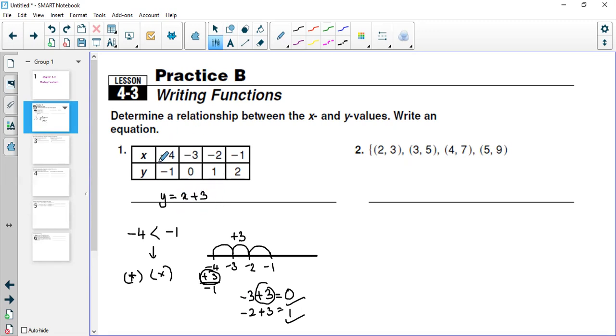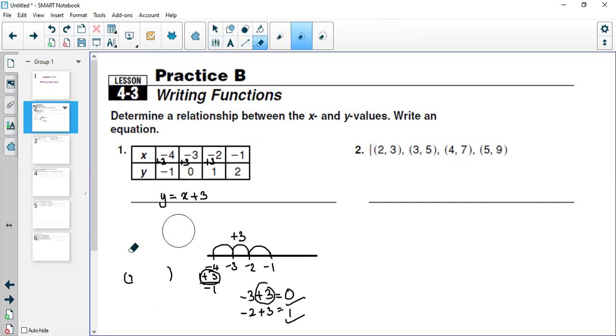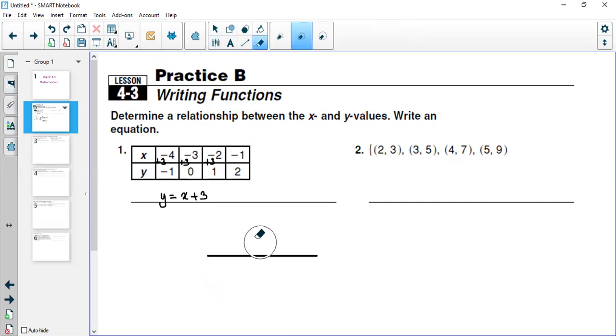So what has happened here? There have been an addition of 3 plus 3 plus 3 plus 3. So this is the relationship between both of the numbers, between the x values and the y values. So how do we write the equation? What we are adding to the x value, we say it is x plus 3. This is how you determine the relationship between the value of x and y.